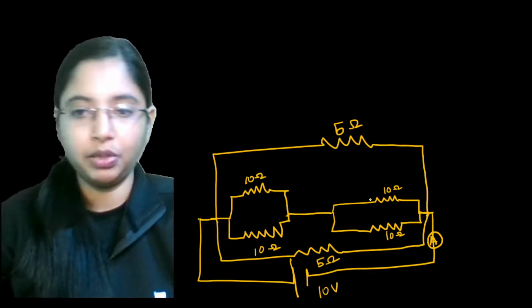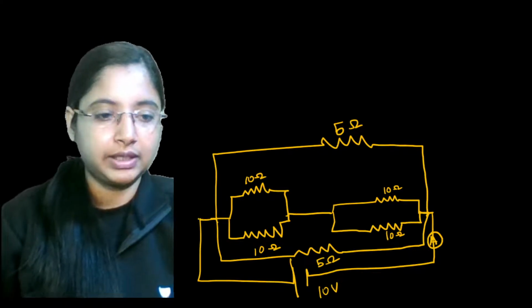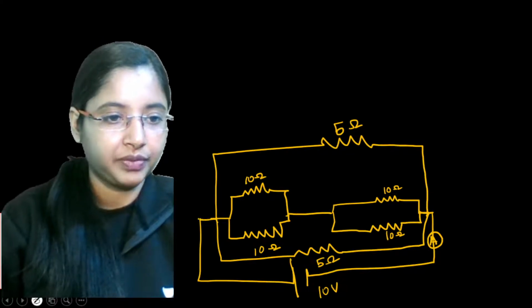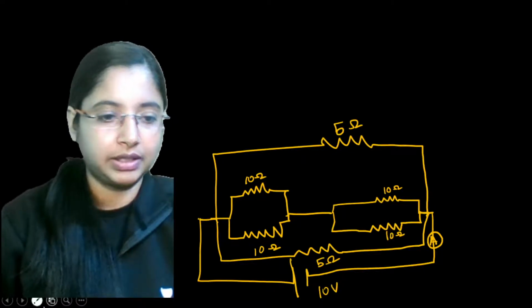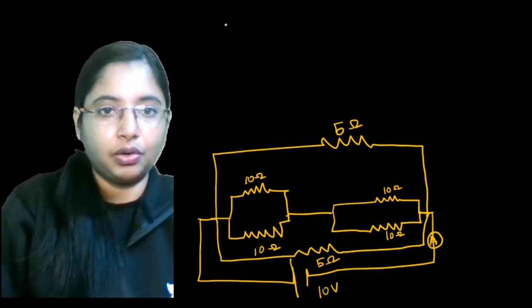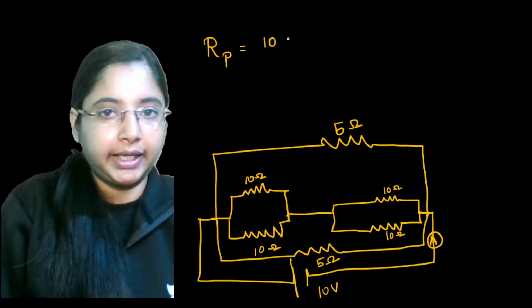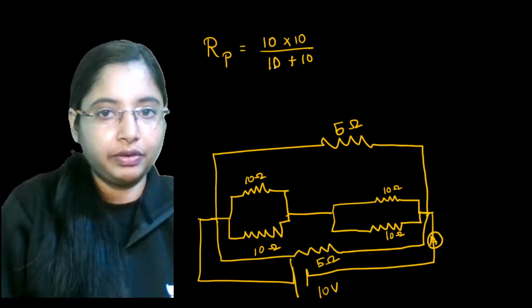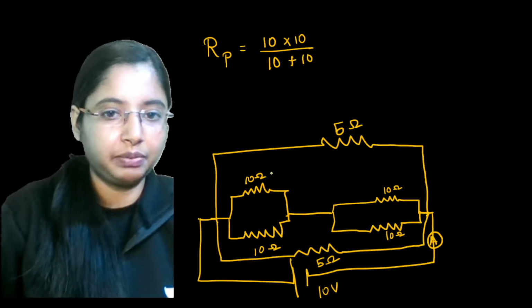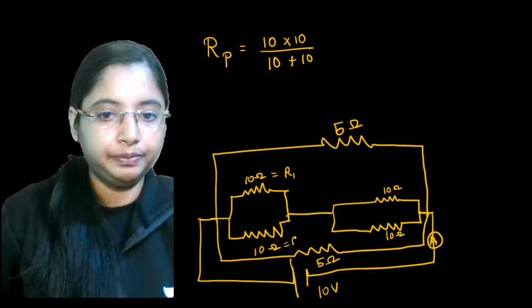Okay, now from here what we can see is these two resistors and these two resistors are in parallel combination. So their equivalent resistance, if you're taking, that will be 10 into 10 divided by 10 plus 10. So we know how we got this, right? Very simple. Let's say R1, R2.